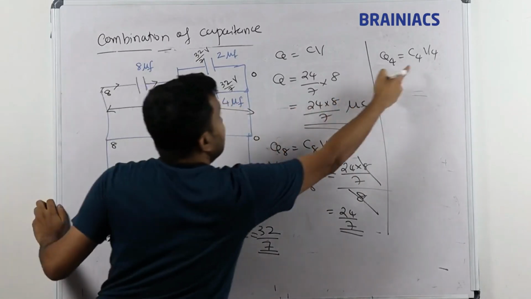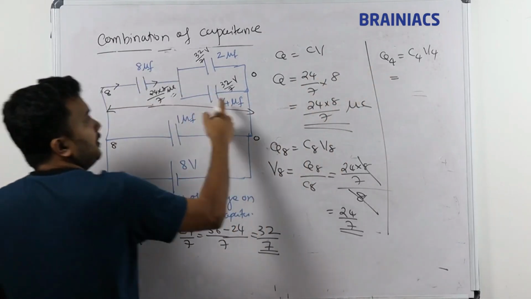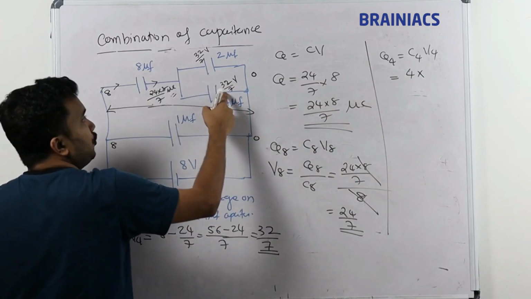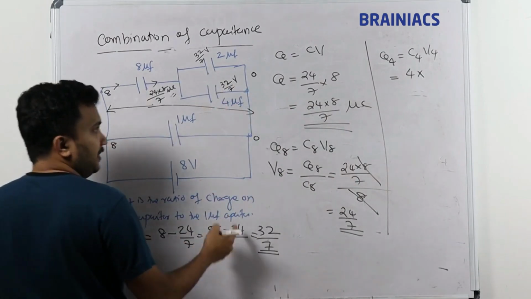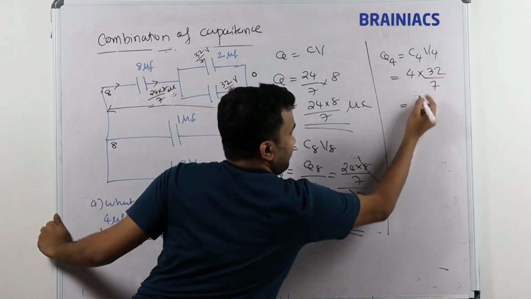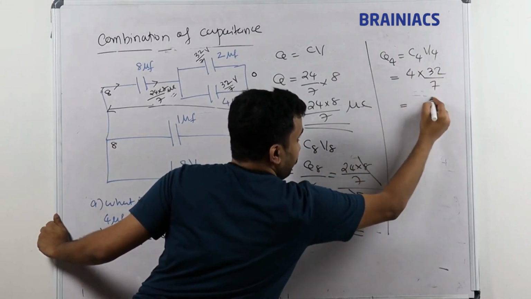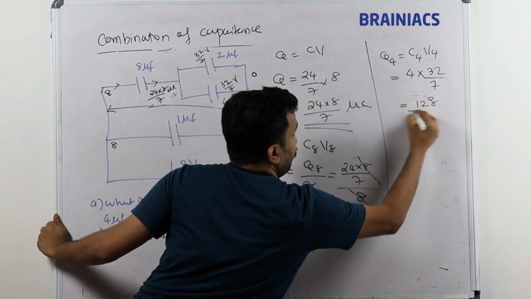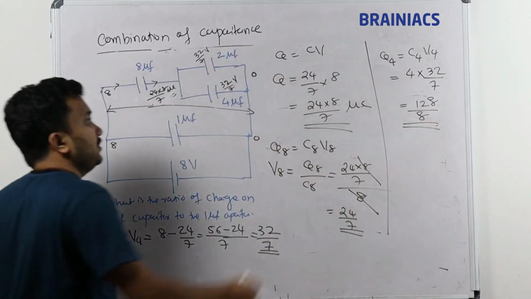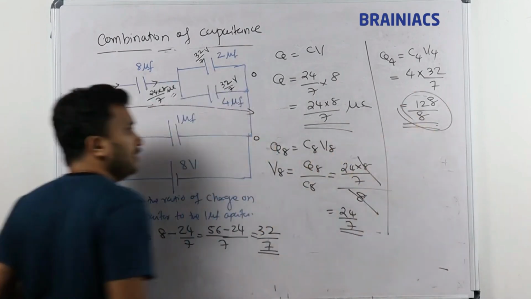So what is C4? C4 is 4. And what is the voltage here? 32 by 7, the balance voltage. So we can just simplify this. 4 into 2, 8; 4 into 3, 12. 128 by 7 is the charge here. So this is important to find the ratio here.